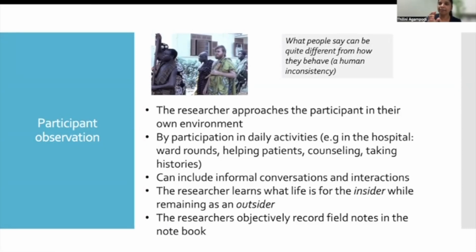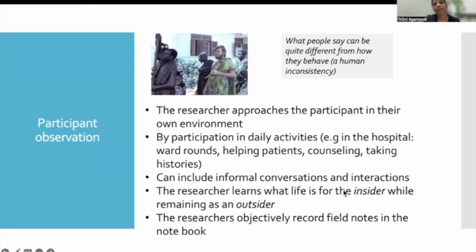Participant observation is mostly done in field research, and is usually done by social scientists or anthropologists, right?